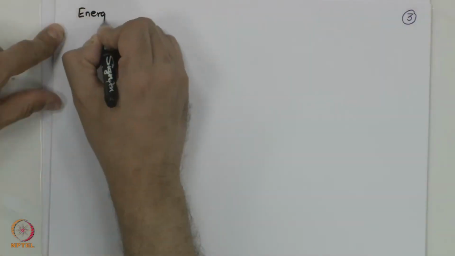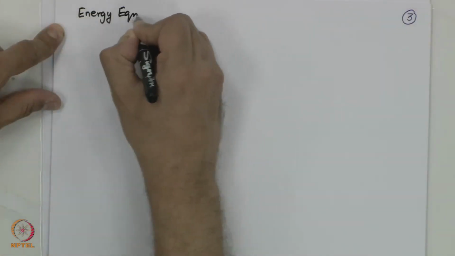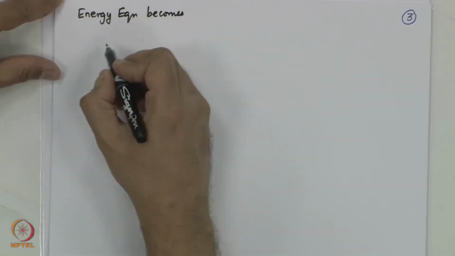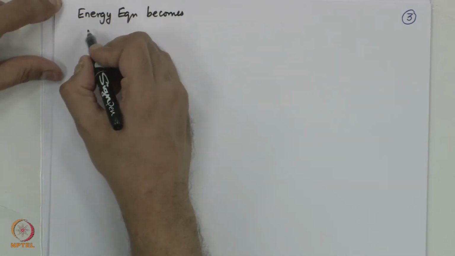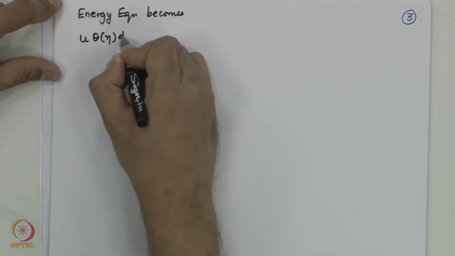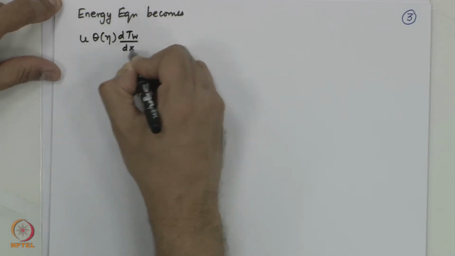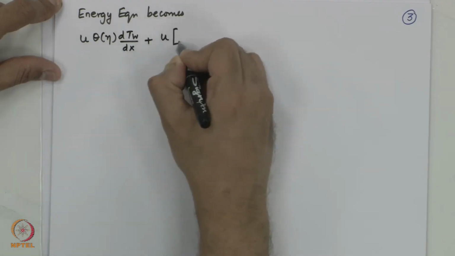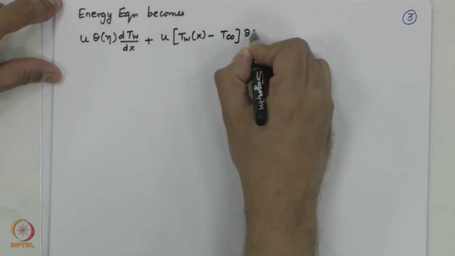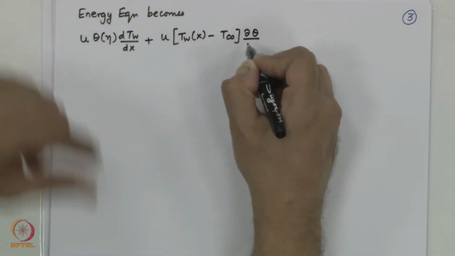So, the energy equation becomes u times dT/dx. So, u theta eta dTw/dx plus u (Tw(x) minus T infinity) d theta/dx.